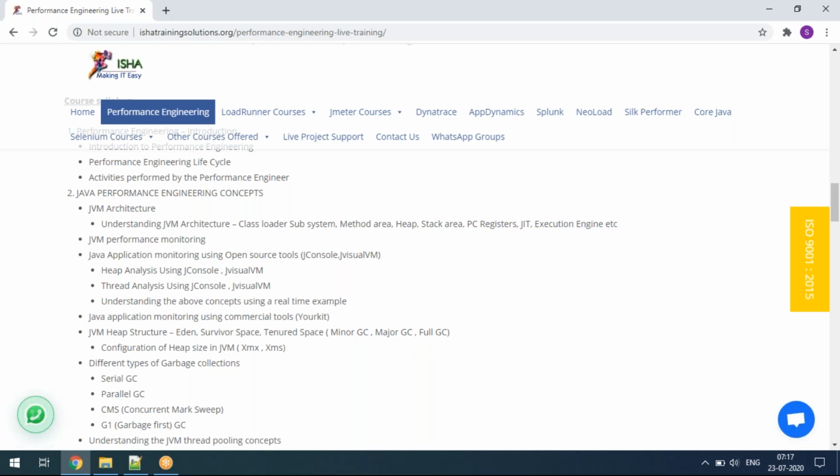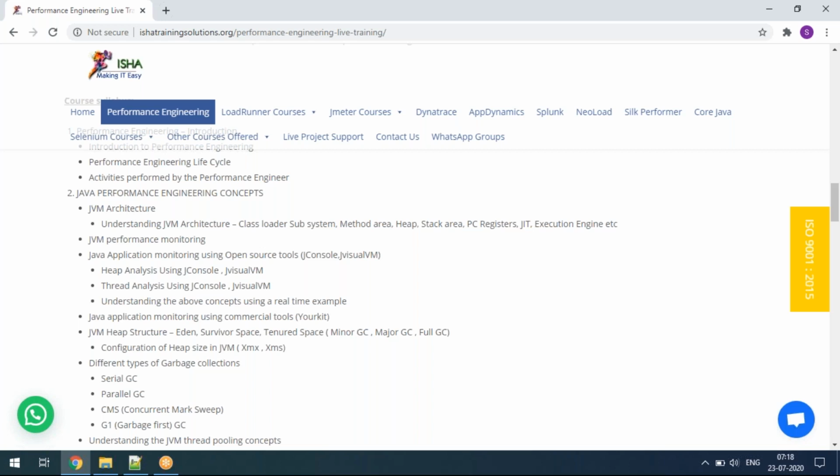Okay, and then I'm going to share my real-time experience. Along with that, these two tools are kind of static monitoring tools, right? We are not going to have a very detailed understanding or source code integration. Those things are not possible. But for that, we are going to have one more commercial monitoring tool called YourKit.